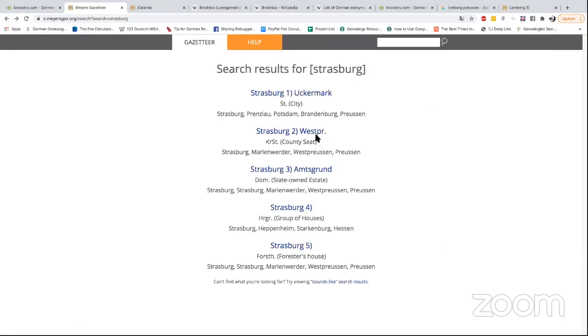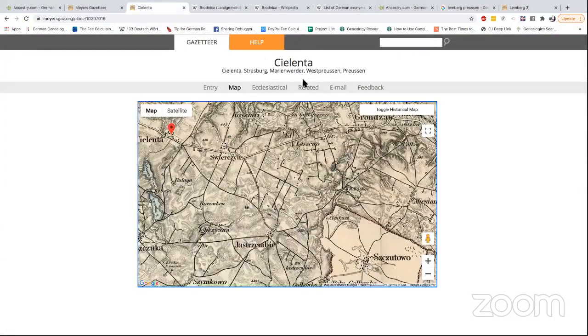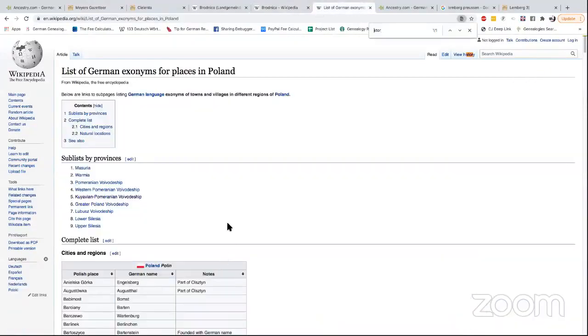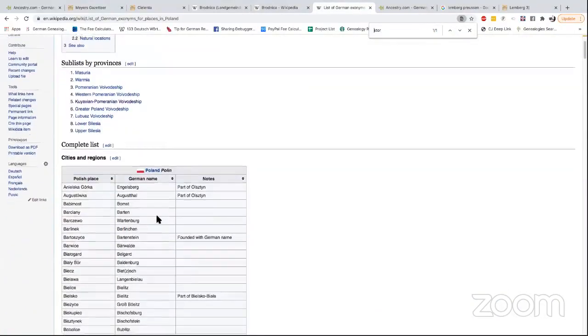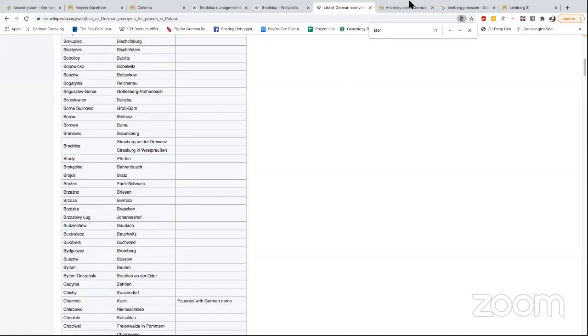And remember, I did that by looking at the other towns in the other records of the page to see what area I was working with, and I found that by looking at that Salenta town. I typed Landgemeinde Strasbourg into Google just to see what I got. That didn't really help me too much in this case, but it would have if my town was on one of these lists. That could work in some cases.